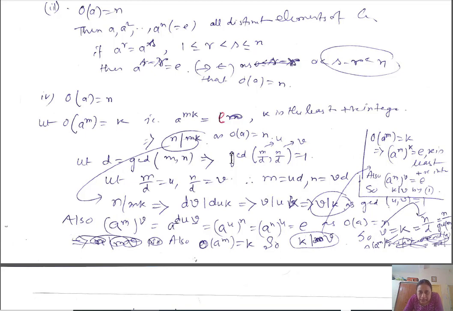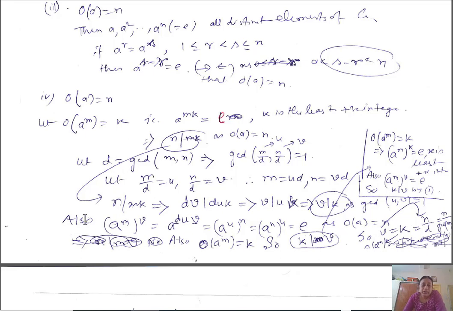Now from here I can see GCD of u and v is 1, so v and u are co-prime. So v divides uk means v must divide k, because v cannot divide u. So I conclude v divides k.